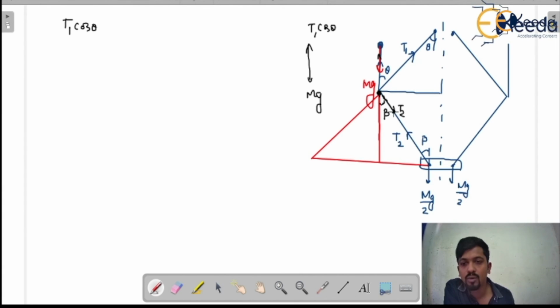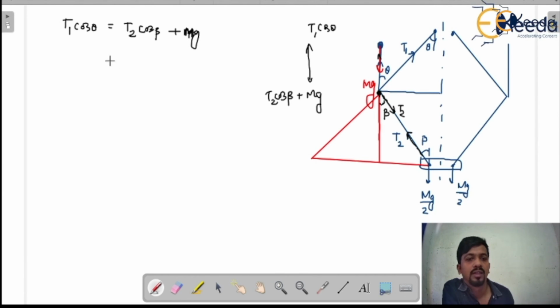If this is T2, that means this would be T2 cos beta. So I can write here T1 cos theta is equal to T2 cos beta plus mg. And what is T2 cos beta? This is the mass of the fly ball.